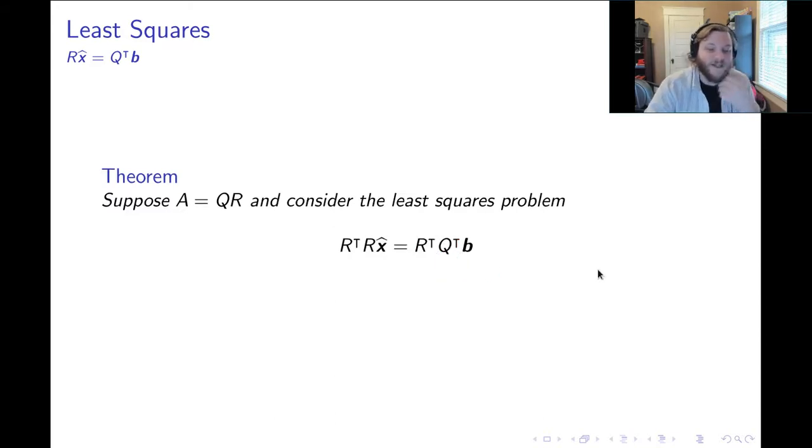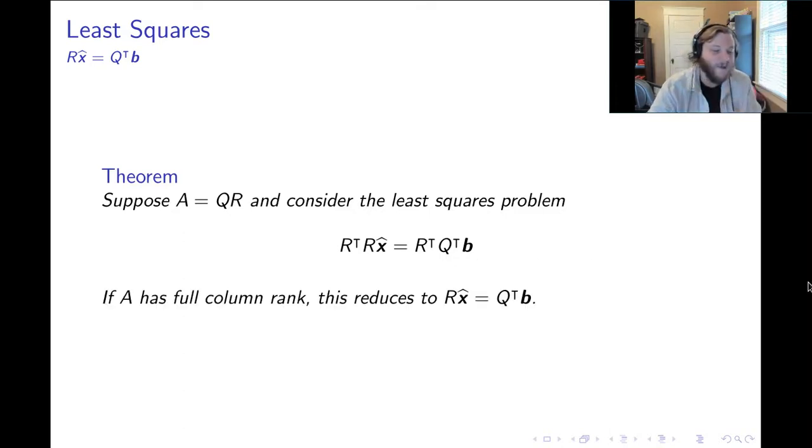So now the least squares problem, which starts as the Gramian of A equals A transpose times b, can be rewritten as R transpose R times x hat equals R transpose times Q transpose times b.